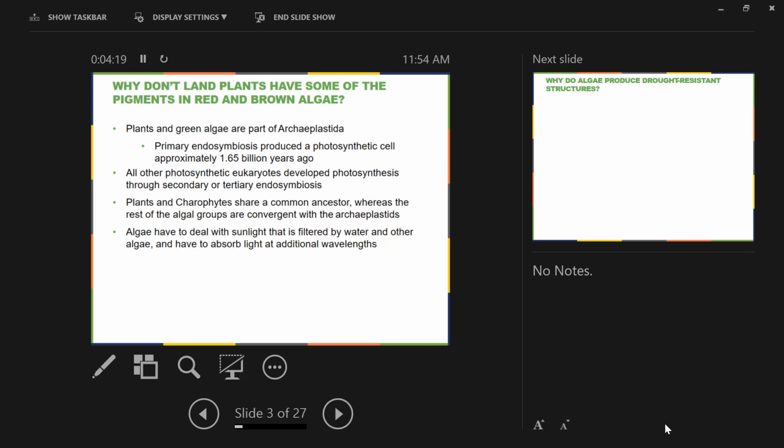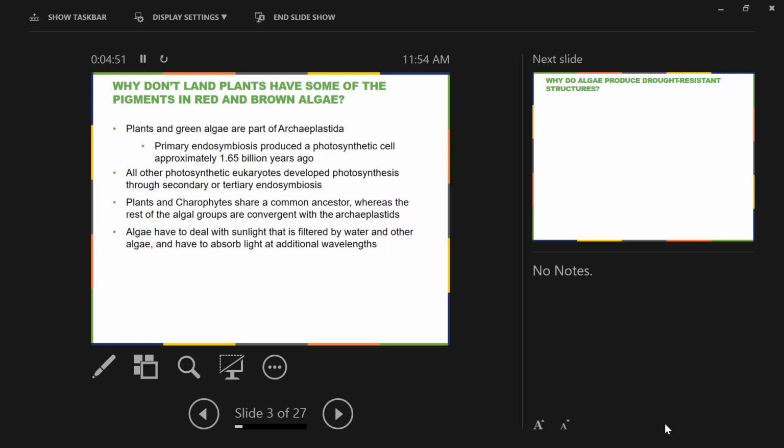Yes. And the idea is that chloroplast came from the same mechanism, but instead of engulfing an aerobic bacterium, it engulfed a photosynthetic bacterium. And that's how you get your first chloroplast, approximately 1.65 billion years ago. And so the idea is that green algae and plants come from the same photosynthetic ancestor, okay? These are plants, and here are green algae.